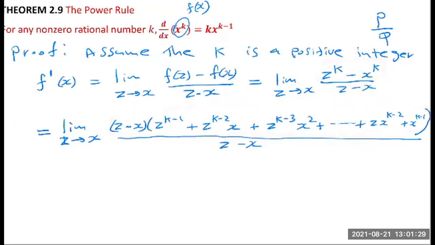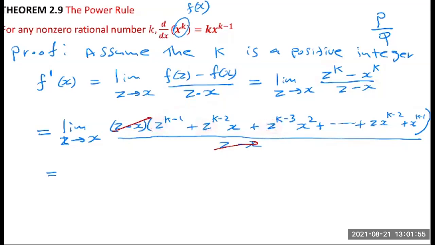Now something very interesting is happening. By the cancellation law, I can get rid of this z minus x in the bottom. Now I can take the limit as z approaches x. You have to replace z by x, because as z approaches x, this becomes x, this becomes x.